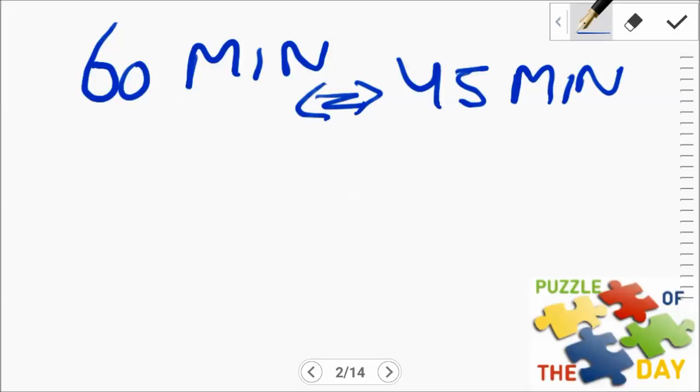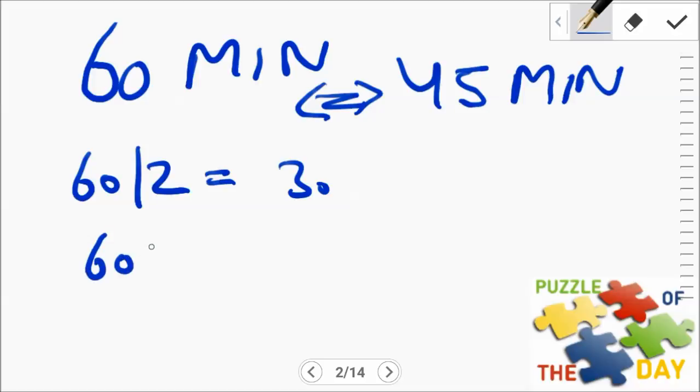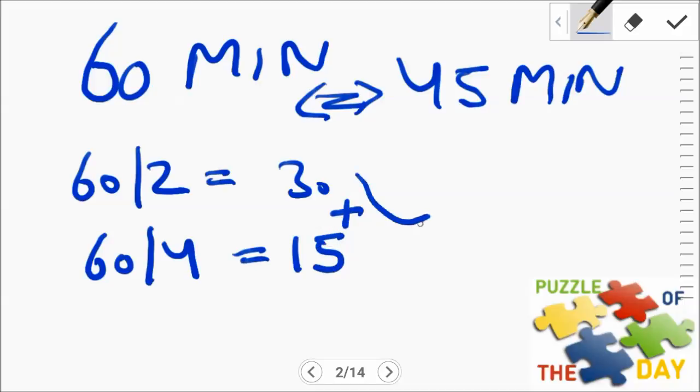One thing to notice is half of 60 minutes is 30, and another half, half of 30, or in other words 1/4 of 60, is 15 minutes. And you can easily see that if you add these two numbers, it gives you 45 minutes. That's interesting, so that's something we can use.